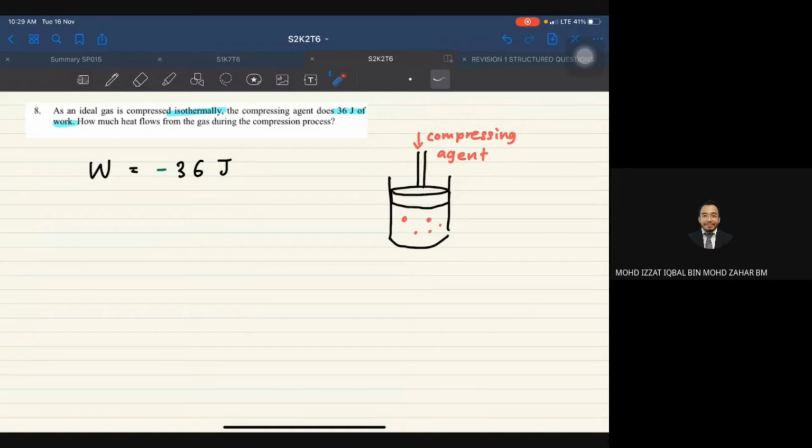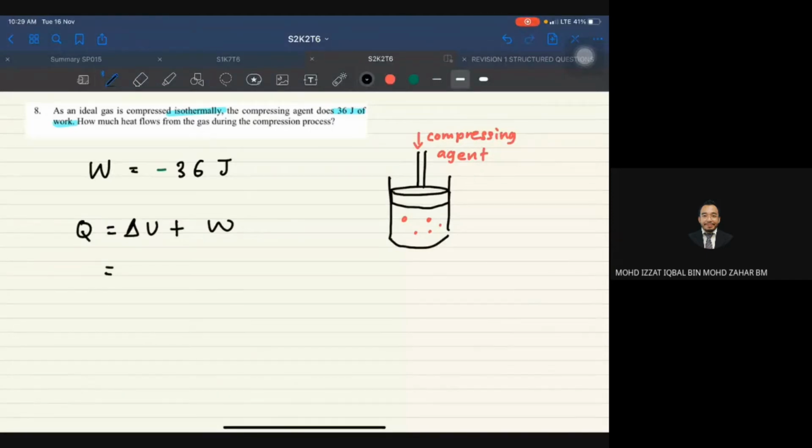So yang kat dalam tu is the system, yang kat luar tu yang agent dia. Macam mana kamu nak tahu? Sebab nama dia compressing agent. So kalau sistem tu buat kerja, dia akan expand, dia tak akan compress. So compress means dia adalah negatif. Okay, that's another keyword lah. Okay, now back to the equation. You have Q equals to delta U plus W.